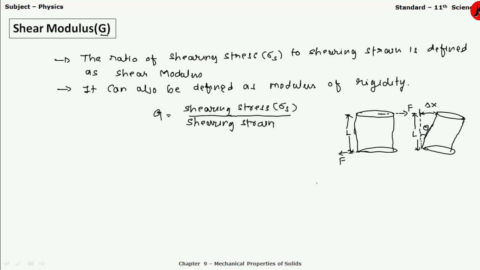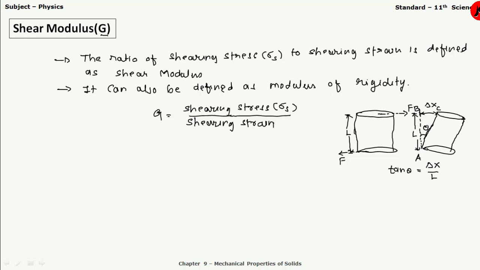The length of the cylinder is L. So here, from triangle ABC, we can write the equation for tan theta, which is equal to delta x by L, right?